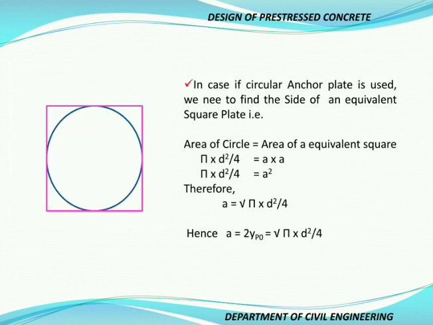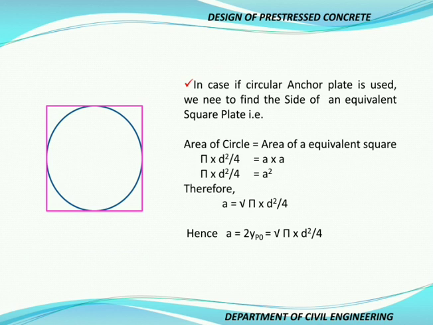Then the next thing we have to learn here is, if we get a circular plate through which the anchorage is done, our calculations are based on the assumption that the bearing area is square in shape. But if our system is providing a circular jacking end, then this area of the circle has to be converted into an equivalent area of a square.